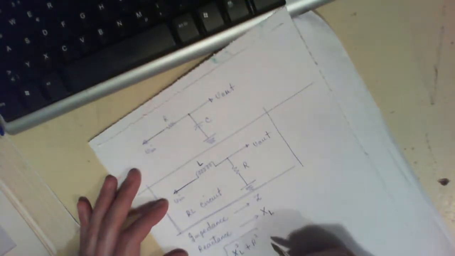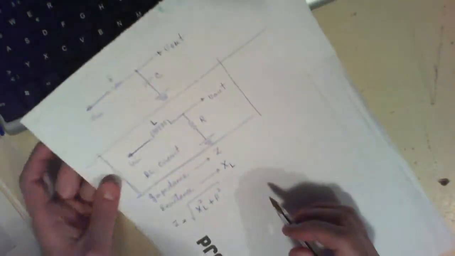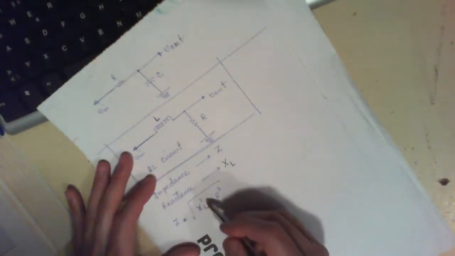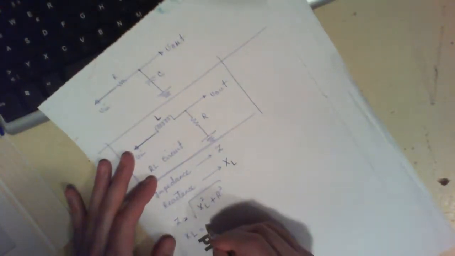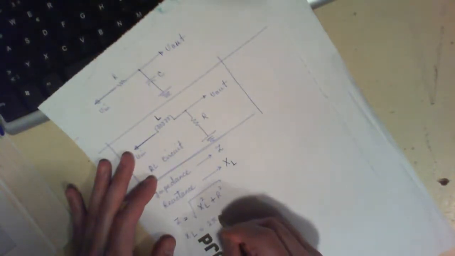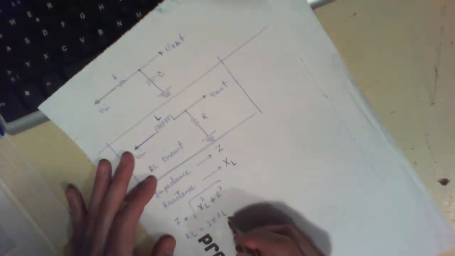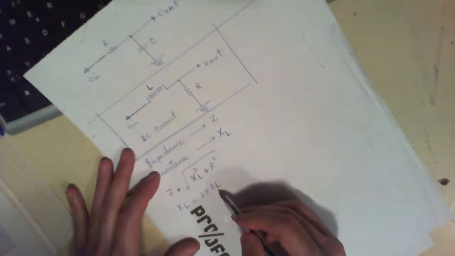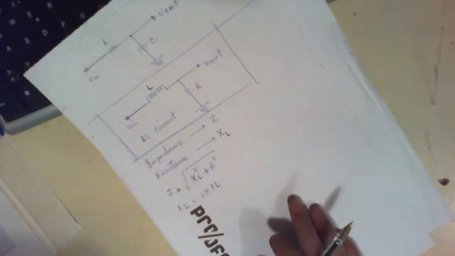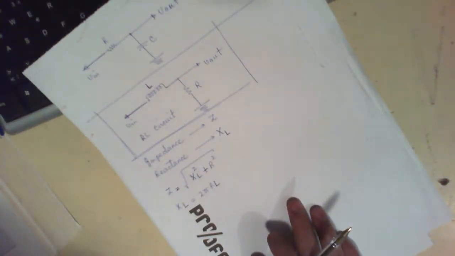Because you have a resistor over here and an inductor over here, so your impedance is going to be the square root of X of L squared plus R squared. And the way that you can calculate X of L is X of L is equal to 2 pi F L: 2 pi times the frequency times the inductance of your inductor. So it's actually very simple.